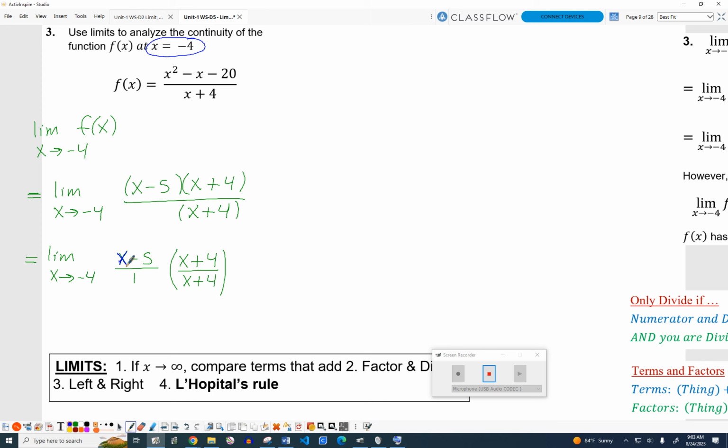Close to -4 minus 5 will always be close to what? -9. Are you comfortable that it doesn't matter if I was a little more or a little less than -4, it's still going to be close to -9? Yeah. That's the variation here.